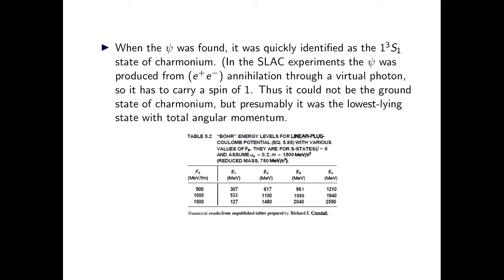Since there's a similarity between positronium and charmonium in this aspect, we derive the graph from there, and it pretty much looks the same. And right here you have the Bohr energy levels. You would notice that it progressively increases for each energy level, and for annihilation through a virtual photon, it has to carry a spin of 1. Like I said earlier, this is not a ground state of charmonium. Next slide, please.